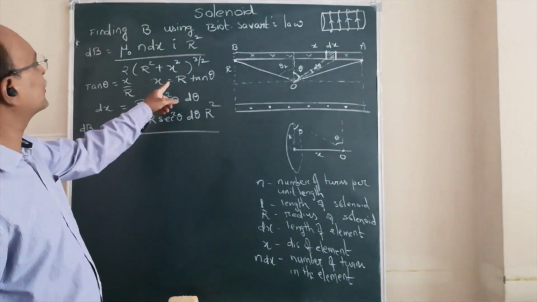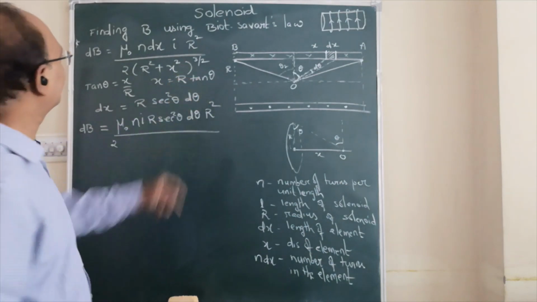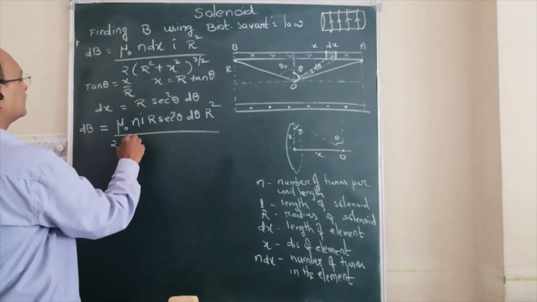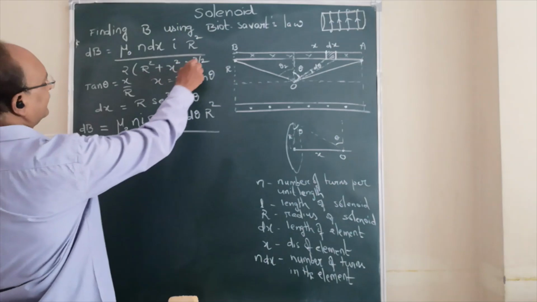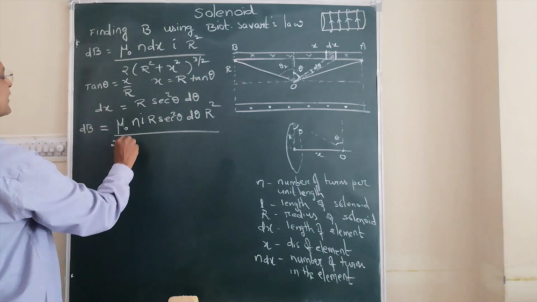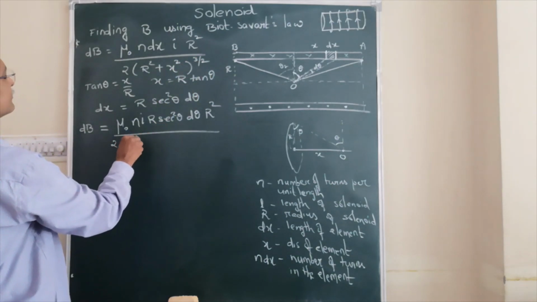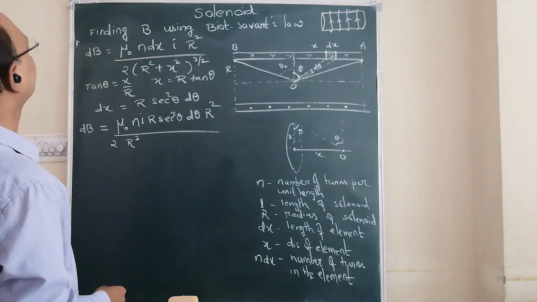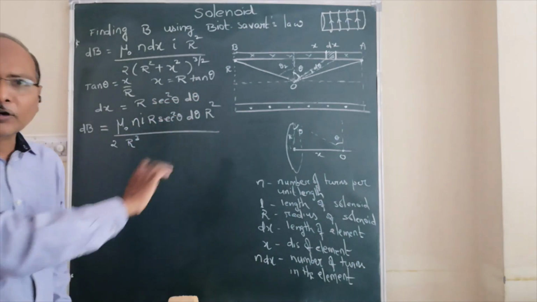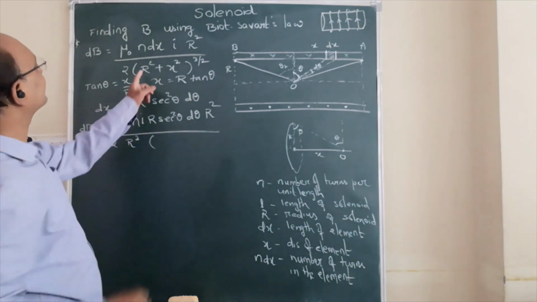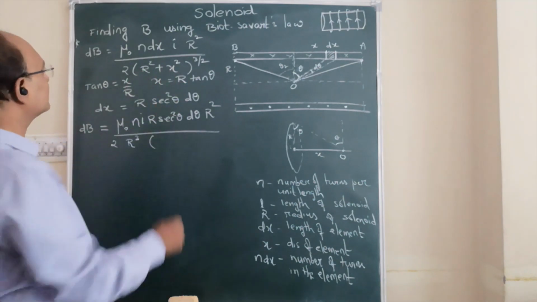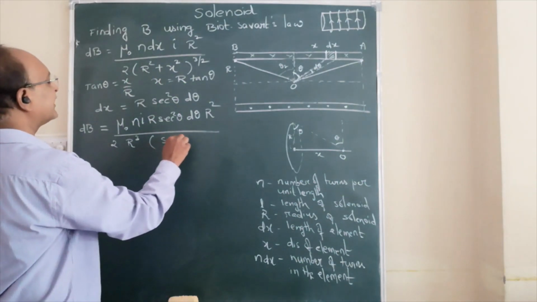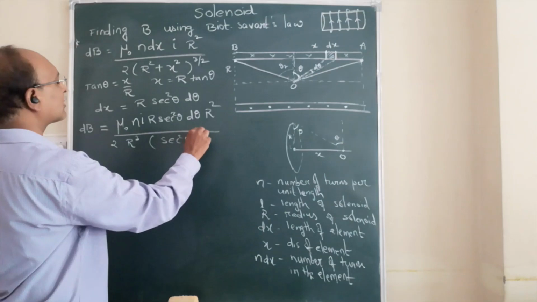Now x is equal to r tan theta. Therefore, here 2 into r square to the power of 3 by 2 means you will get r cube. That's how we are taking it outside: 1 plus tan square theta, so secant square theta whole to the power of 3 by 2.